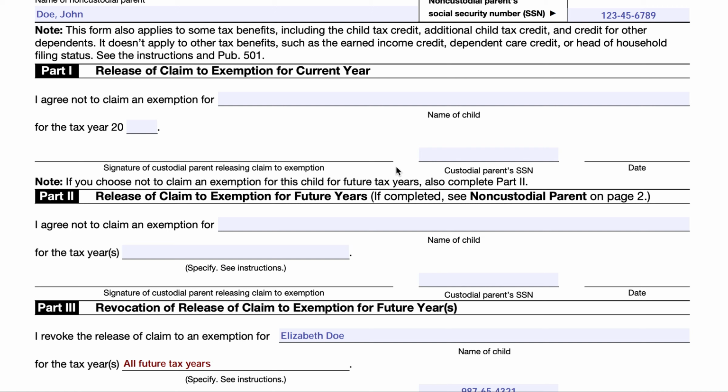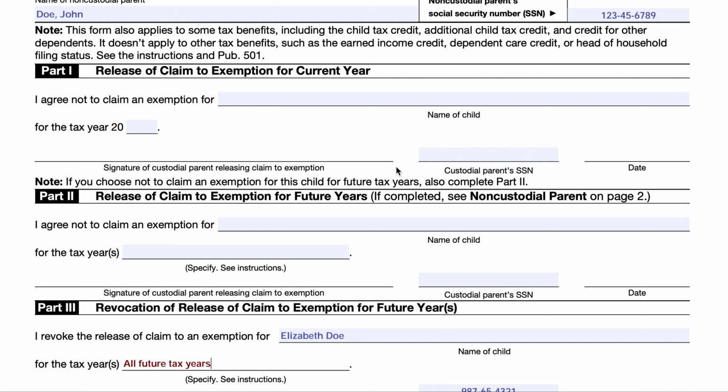So while John's able to do that, Mary Jane's not able to. However, she would be able to, regardless, claim the earned income credit, the dependent care credit, and/or head of household filing status based on her situation, whether or not she qualifies as the custodial parent.